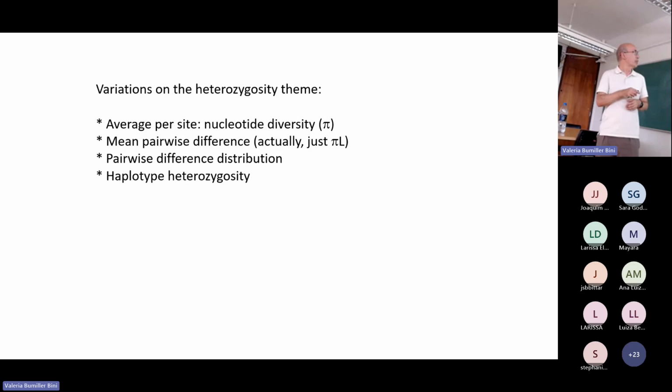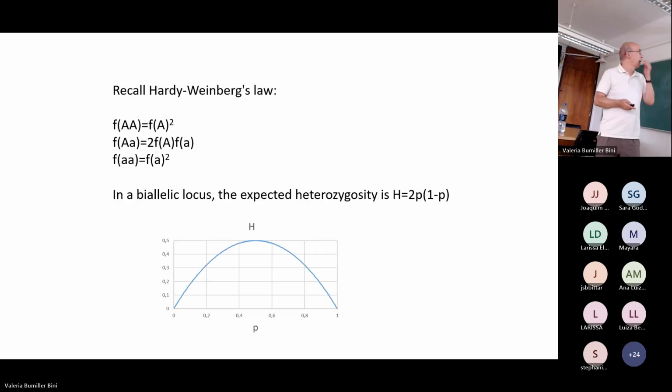And we can extend the concept of heterozygosity to all haplotypes. Does this individual carry the same haplotype in the two chromosomes? Then homozygote, heterozygote. We're just talking about Hardy-Weinberg's law.